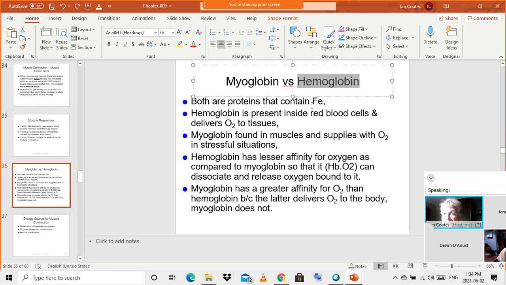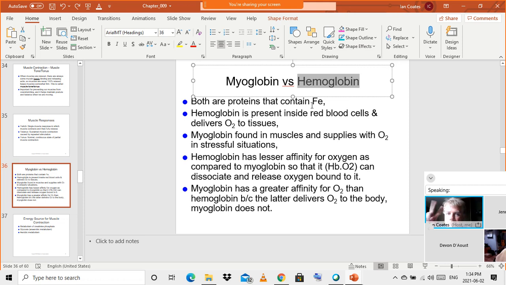The myoglobin has been depleted. So now I don't have any more oxygen in my muscles, and I need to get oxygen to my muscles, because I still have 300 meters to go. That's why we start to breathe heavy, to get more oxygen in.